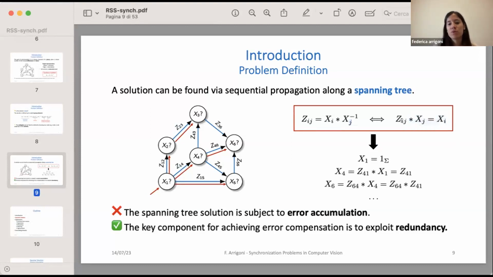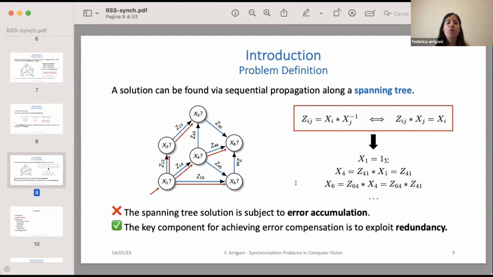And hence we will use both our measures and values on the nodes already computed to find values for the new nodes. However, this solution is subject to error accumulation since we propagate errors along the tree, and this is why we need a better solution in practice.